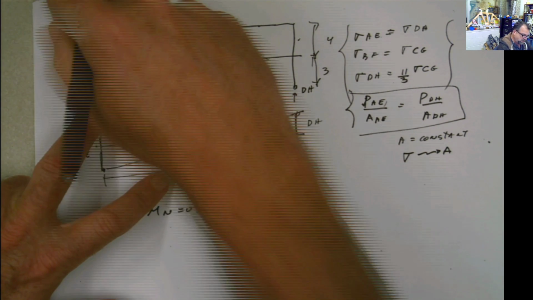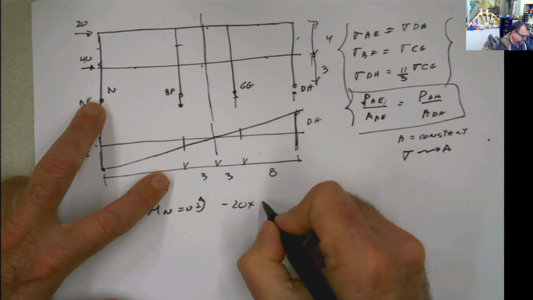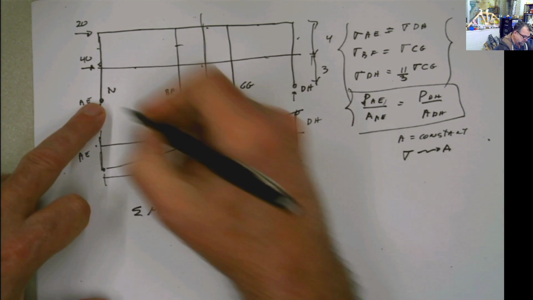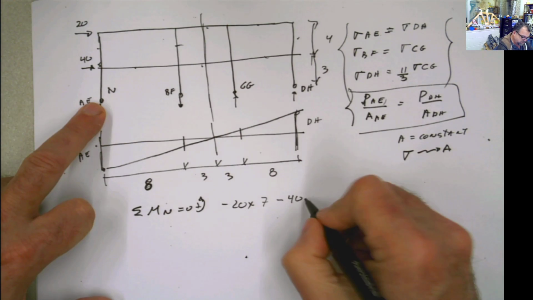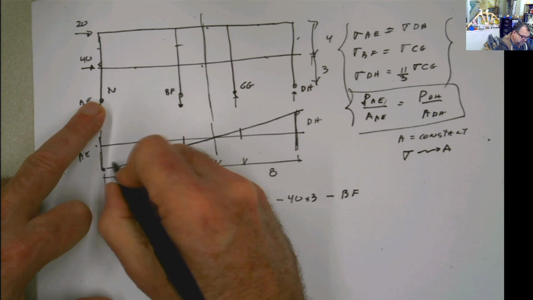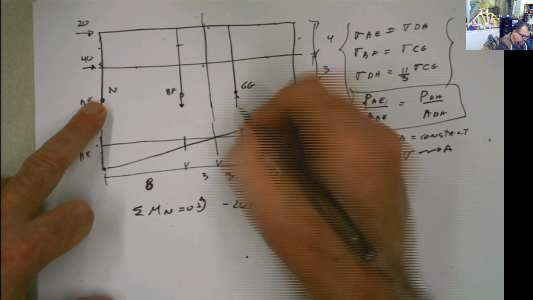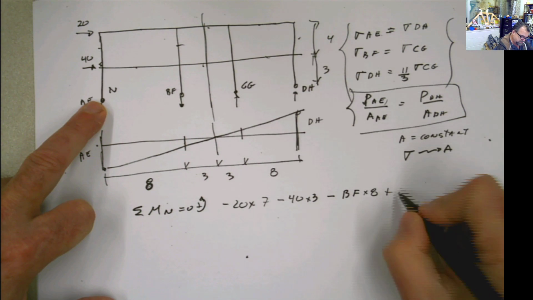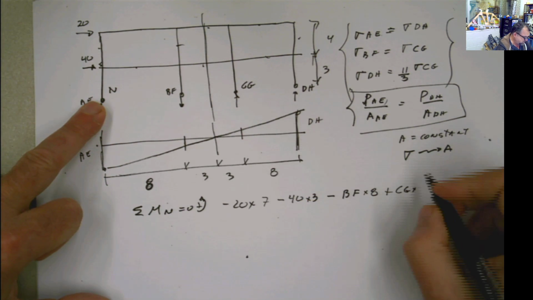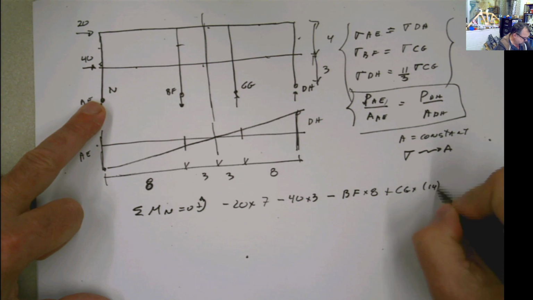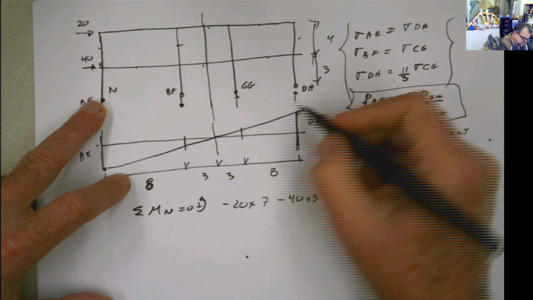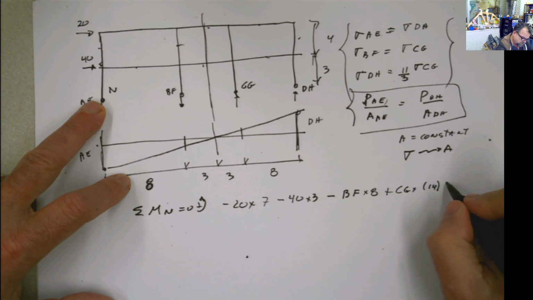Then you are going to have negative 20 times 7, minus 40 times 3, minus BF times 8, plus CG times 8, 14, plus, is it plus?